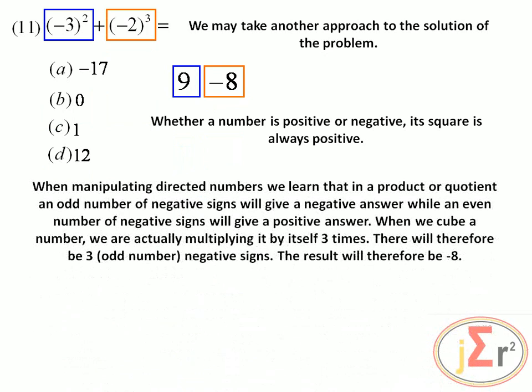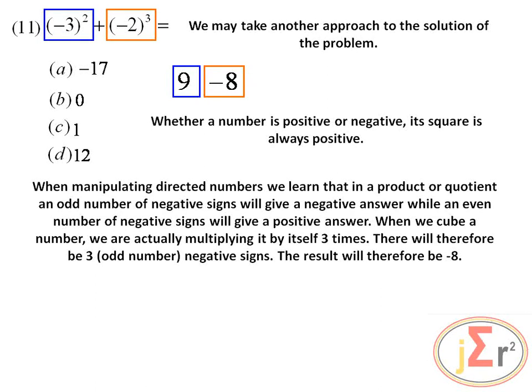When manipulating directed numbers, we learn that in a product or quotient, an odd number of negative signs will give a negative answer, while an even number of negative signs will give a positive answer. When we cube a number, we are actually multiplying it by itself 3 times.